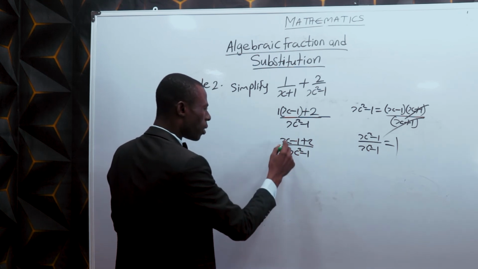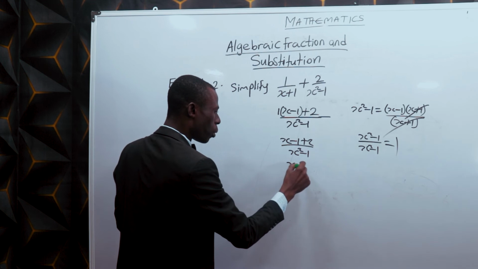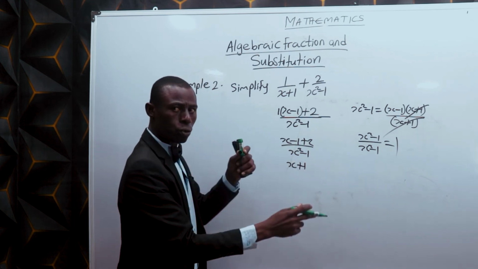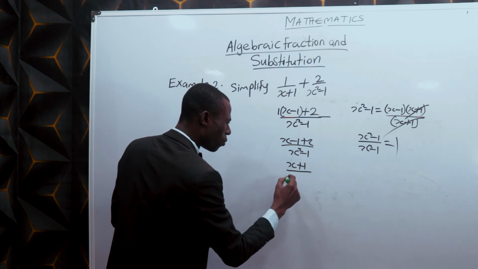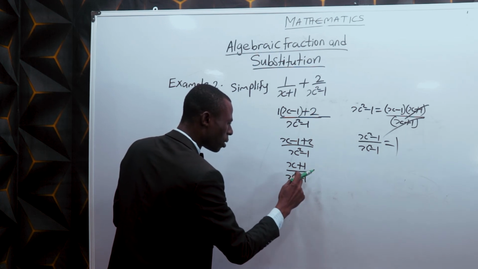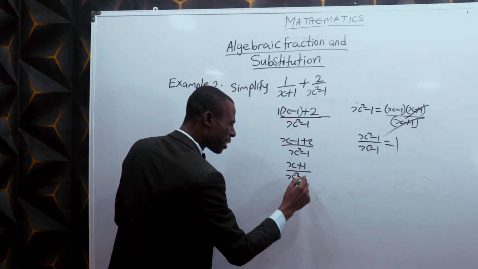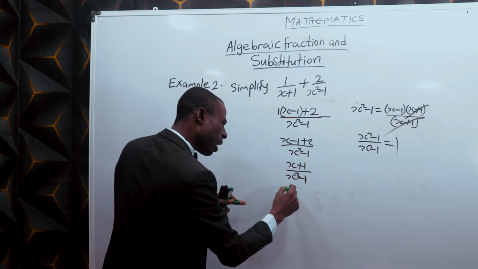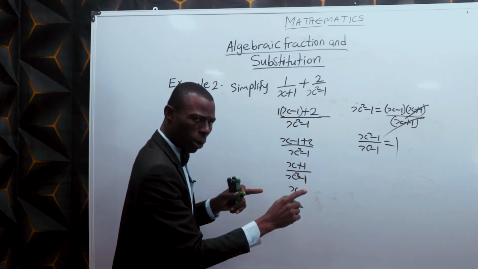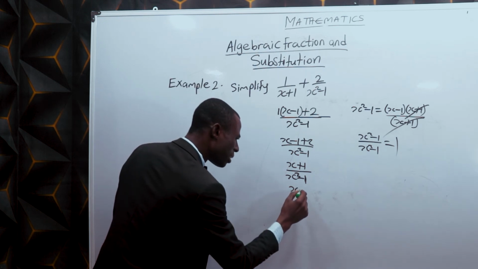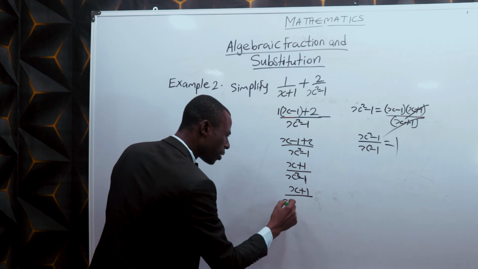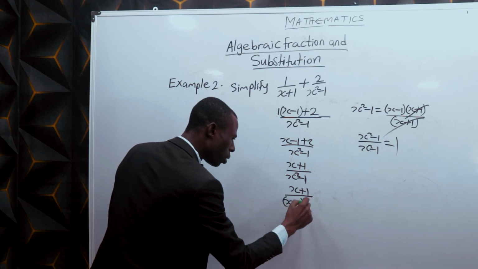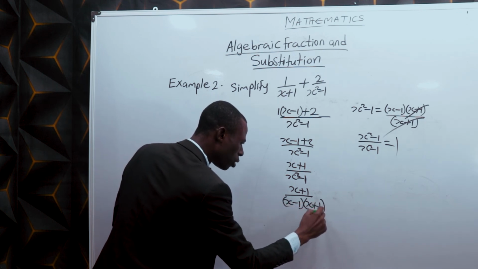So what do we have? x plus 1, because minus 1 plus 2 is positive 1. So we have x plus 1 all over x squared minus 1. Don't forget, x squared minus 1 is the same thing as x minus 1 into x plus 1. So x plus 1 at the numerator divided by x minus 1 into x plus 1 at the denominator.